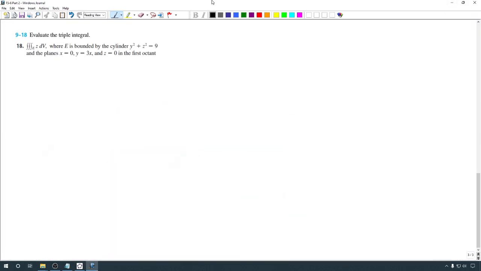Actually, I think the best idea here is to treat this as a type 2 region, because then, remember what I said, our x is going from 0 to y over 3, and D is a quarter circle.